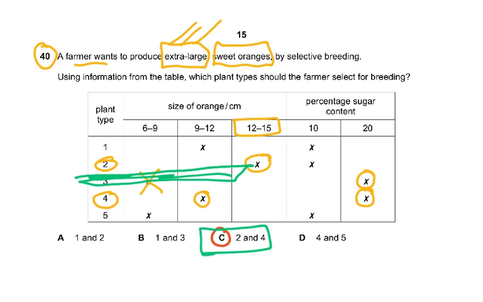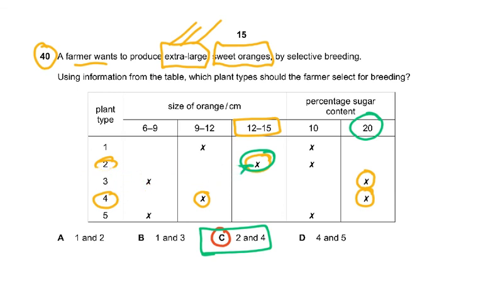And why did I choose 2 and 4? You have to understand why 2. Because 2 had a large size, 12 to 15, there's only one cross in 12 to 15. So we had to plant 2. And then for 4, I had to see the sugar content. The sugar content was high in 3 and 4. But I didn't want 3 because it was not a good idea to use 3.